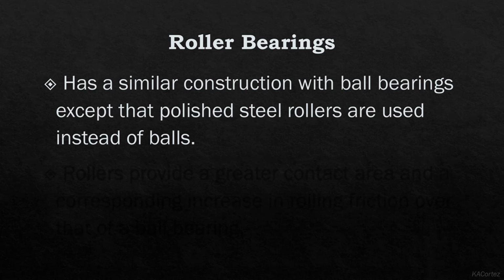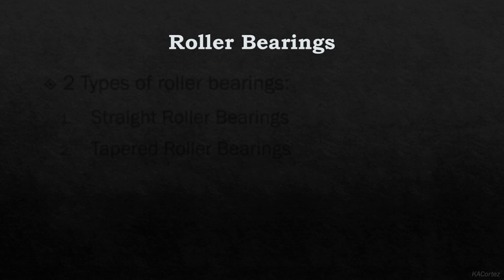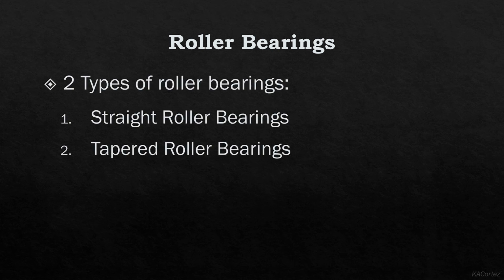Roller bearings. They have a similar construction to ball bearings, except that polished steel rollers are used instead of balls. They provide a greater contact area and a corresponding increase in rolling friction over that of a ball bearing. The roller bearings have two types, namely the straight and the tapered roller bearings.